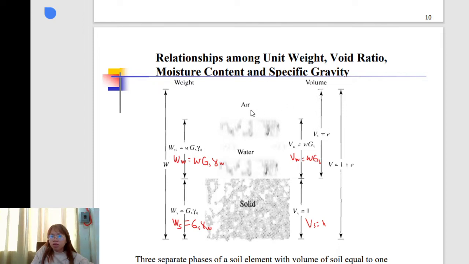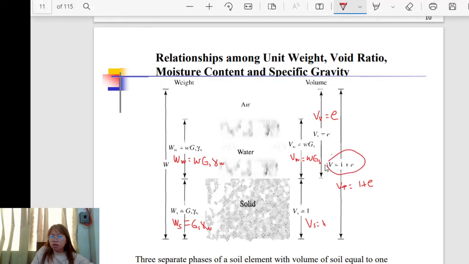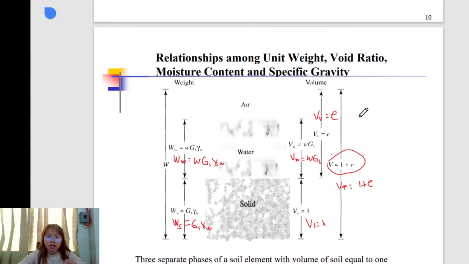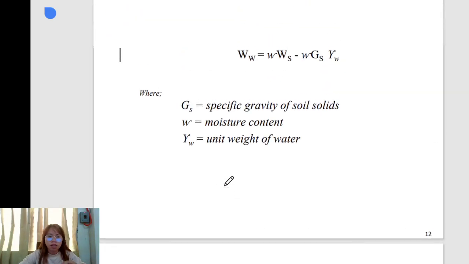And the volume of the voids, that is the air and water, this is V sub V, is e, so that the total volume is V sub T equal to 1 plus e. So we have to remember these relationships among unit weight, void ratio, moisture content, and specific gravity.